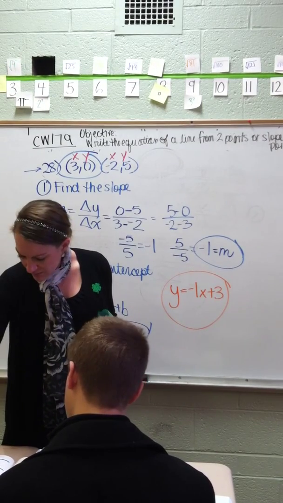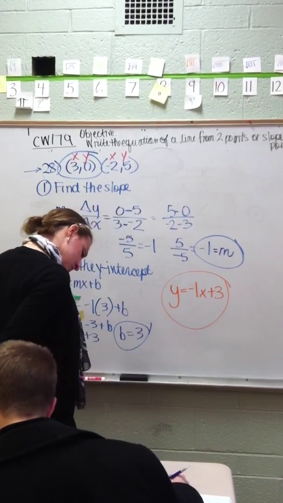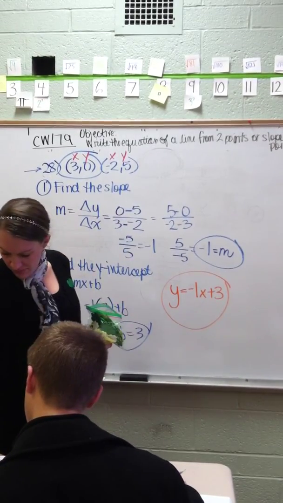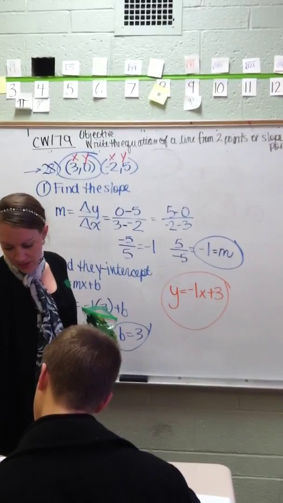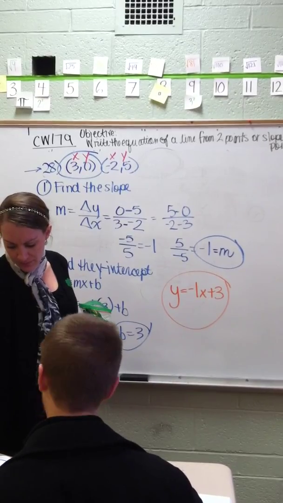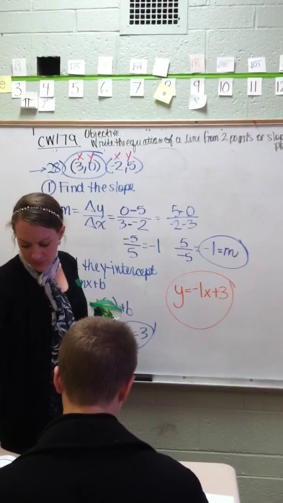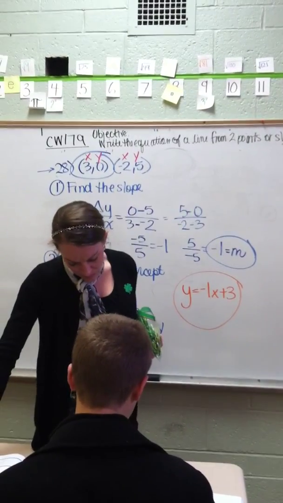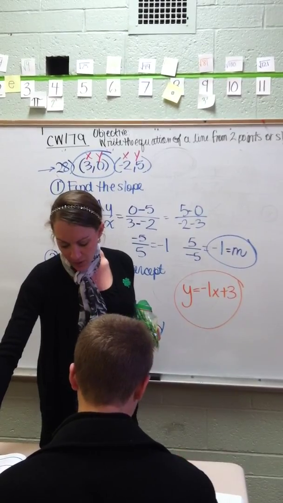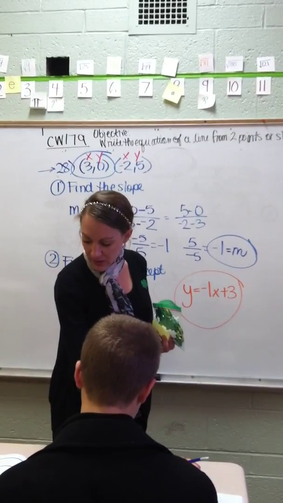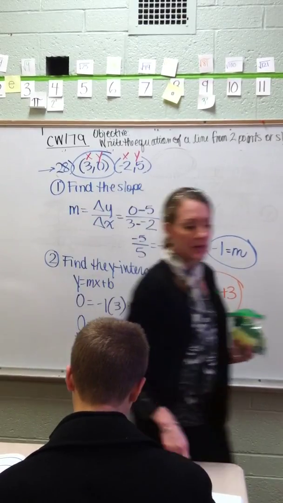I don't think so. You use something else. So you should have -2 minus 3 over negative 3 minus -2. Okay, yeah. Well, you use 2 there. That should be 1. Does that make sense? Try that again.